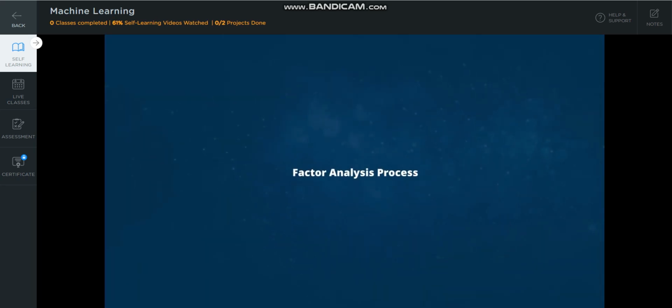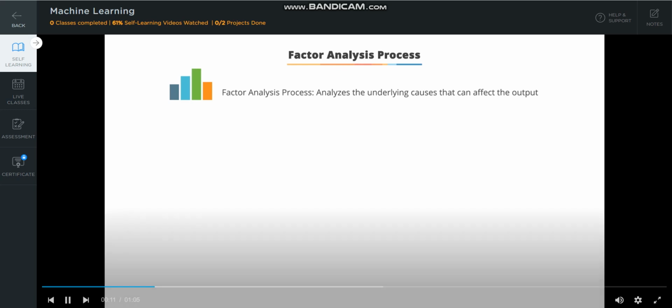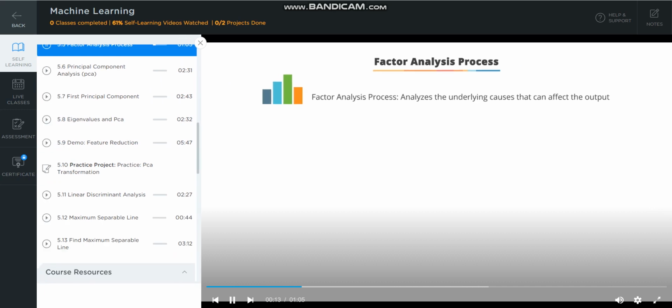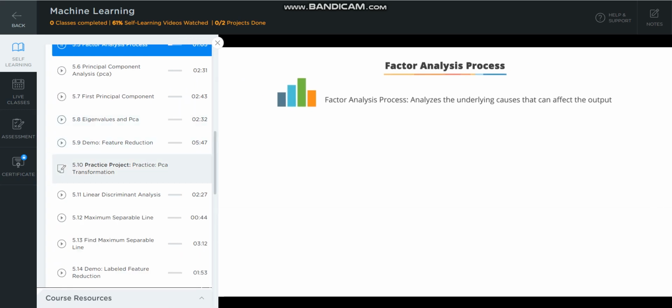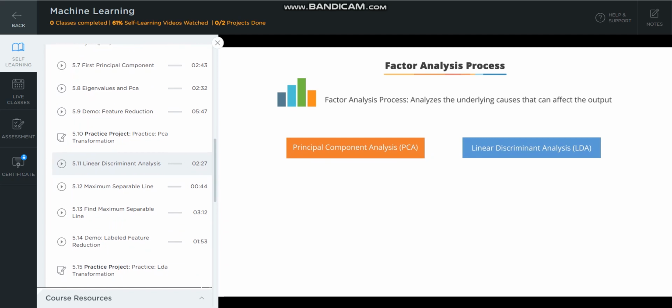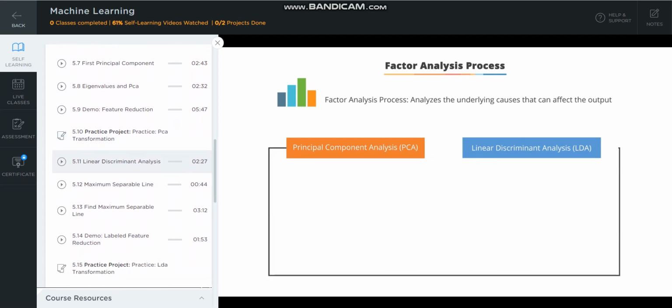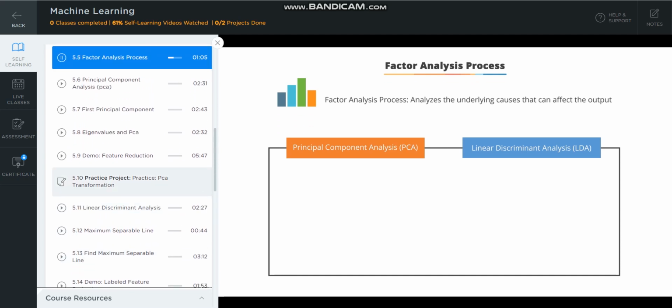Factor analysis process. Factor analysis focuses on analyzing the underlying causes that can affect the output apart from the observed ones. There are two commonly used algorithms to perform factor analysis, specifically PCA and LDA. Although PCA and LDA are both factor analysis algorithms, they have significant differences.